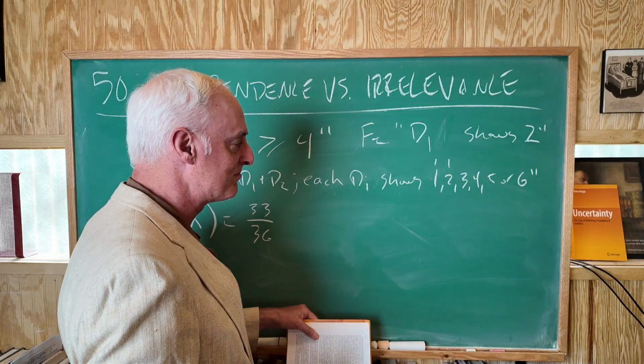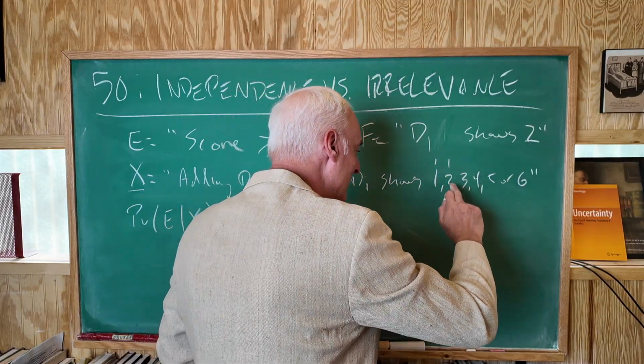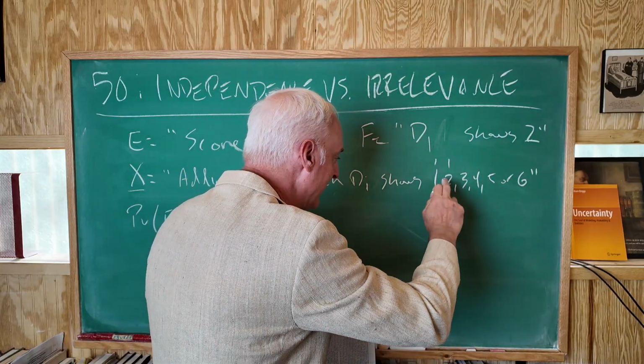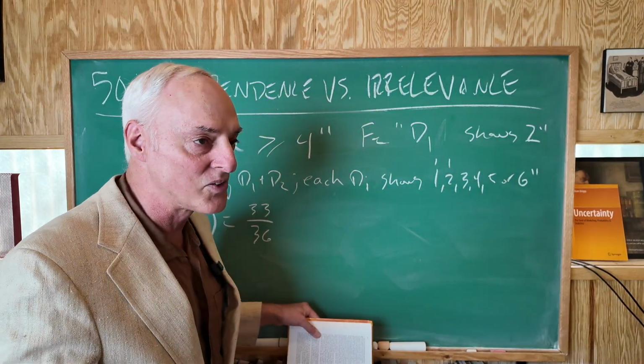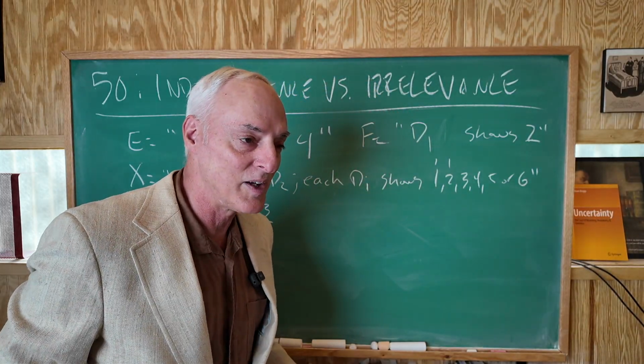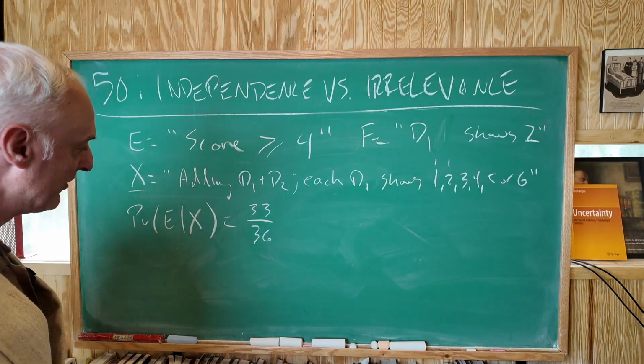That's a score of 3. On device 1 we get a 2, and on device 2 we get a 1. That's a score of 3, or we have a 1 on both of them, that's a score of 2. Any other combination of sums we get is going to be 4 or greater, so we only have 33 over 36.